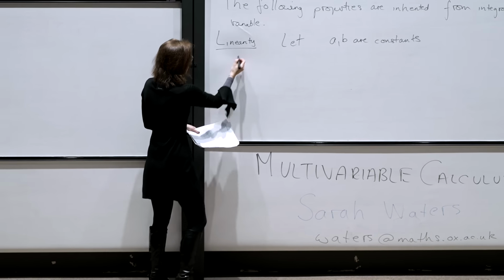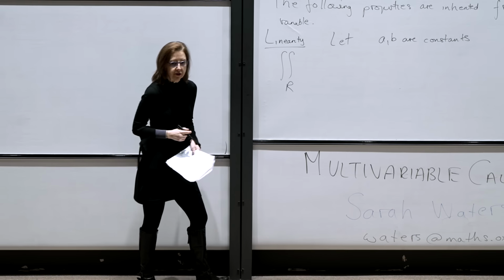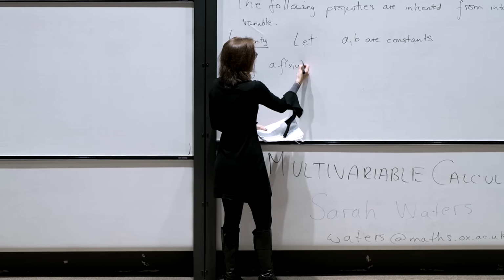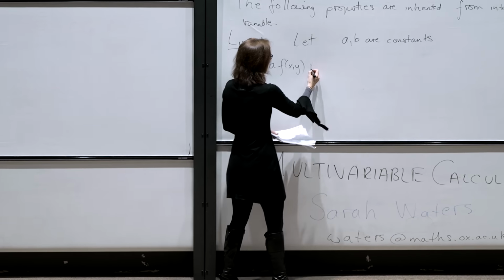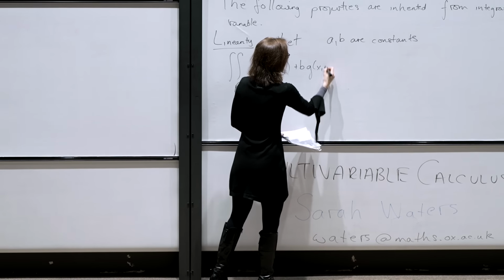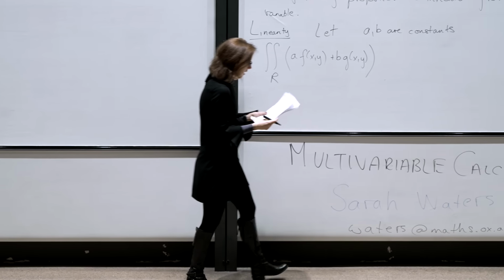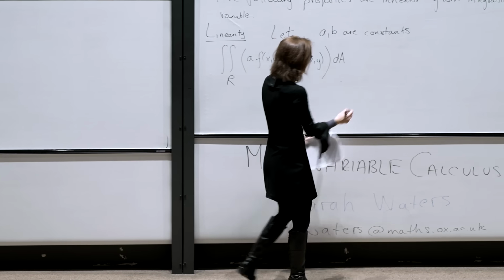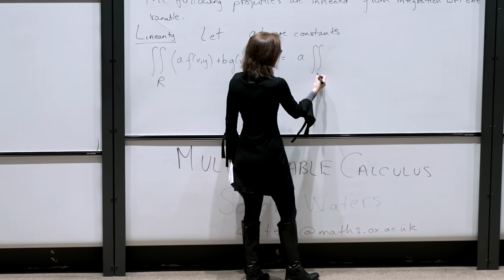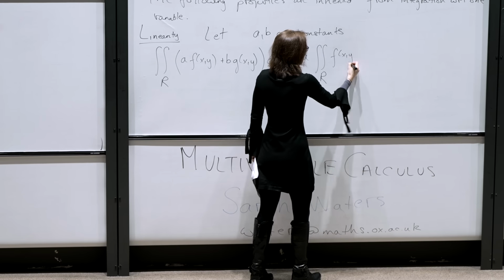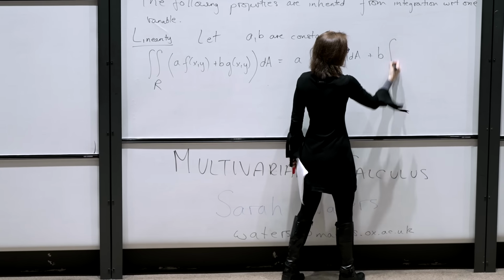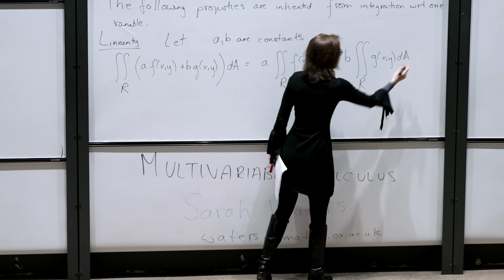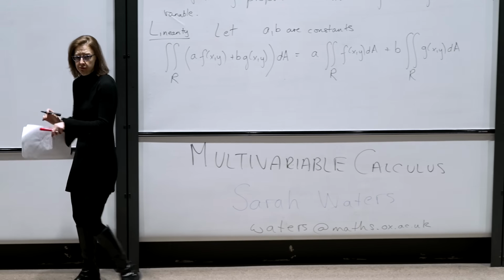Then we have that the integral over R, some suitable domain in the plane, of a times some function f of x and y plus b times a function g of x and y, all integrated over the region of interest dA, is just the same as a times the integral of f over the region plus b times the integral of g over the region, exactly as you would have seen in integration of one variable.